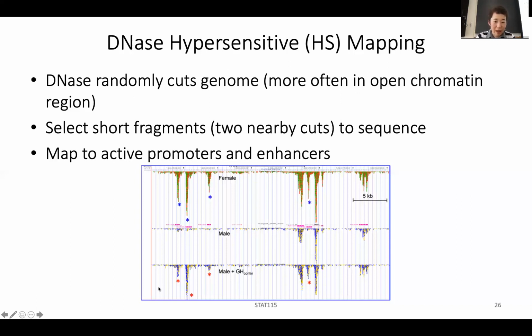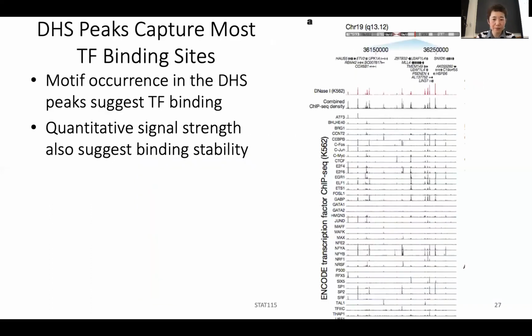And in those peaks, you also notice the plus strand reads are blue, the negative strand reads are yellow, and usually the transcription factor really lands in the middle. Right? So you get very, very good enrichment. And all of those peaks tell you a transcription factor is binding in those locations. It can be either on the promoter or on the enhancers.